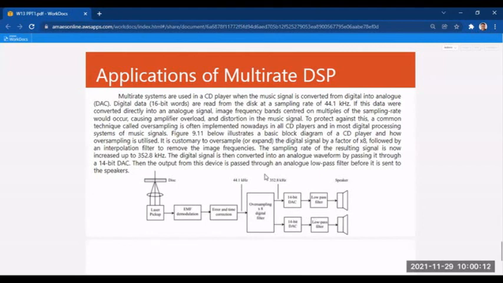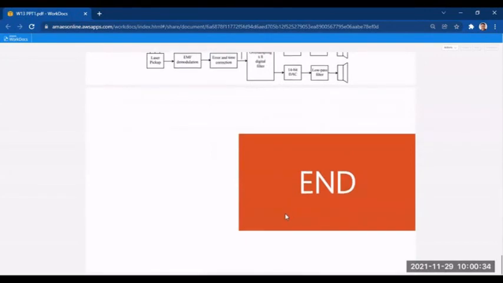So if we directly use the 44.1 kilohertz audio for our digital to analog converters, then to our speakers, the music signal will be distorted. That's why sample rate converters are important when dealing with signals. Okay, so that's it.